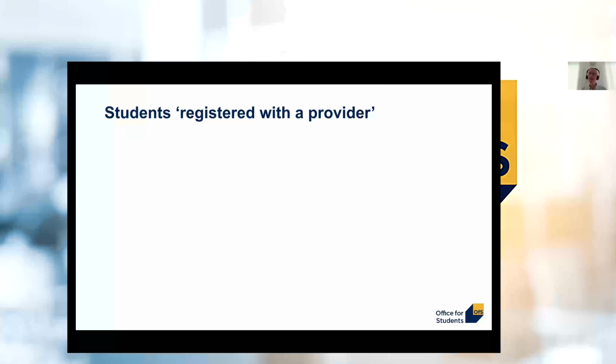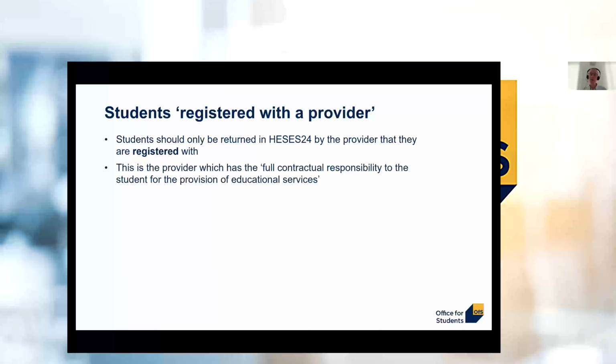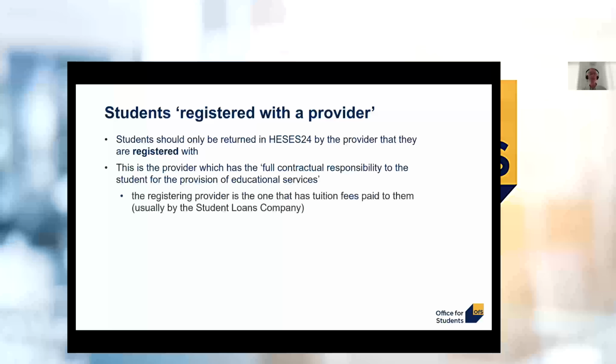We can say that students should only be returned in HESES24 by the provider that they are registered with. So this is the provider which has the full contractual responsibility to the student for the provision of educational services. In other words, the registering provider is the one that has tuition fees paid to them, which usually comes from the student loan company.